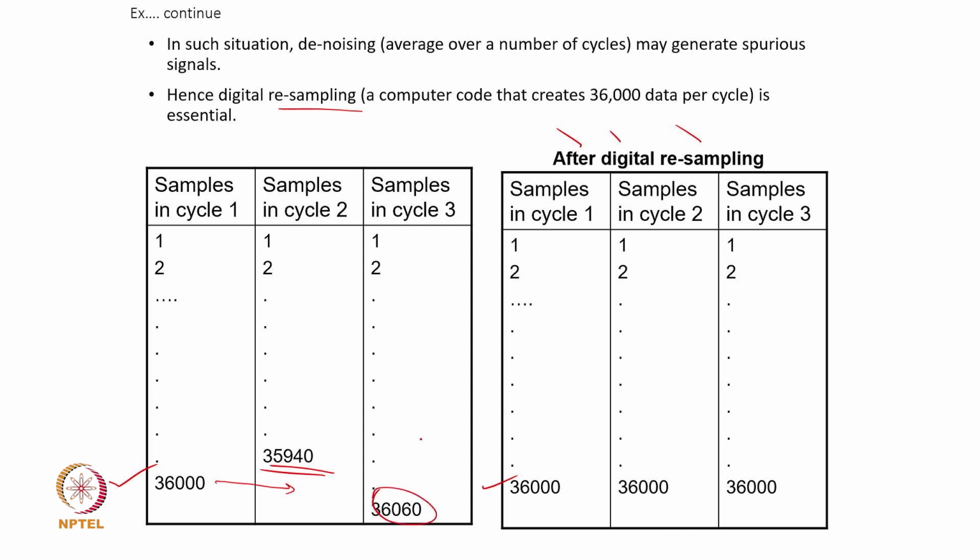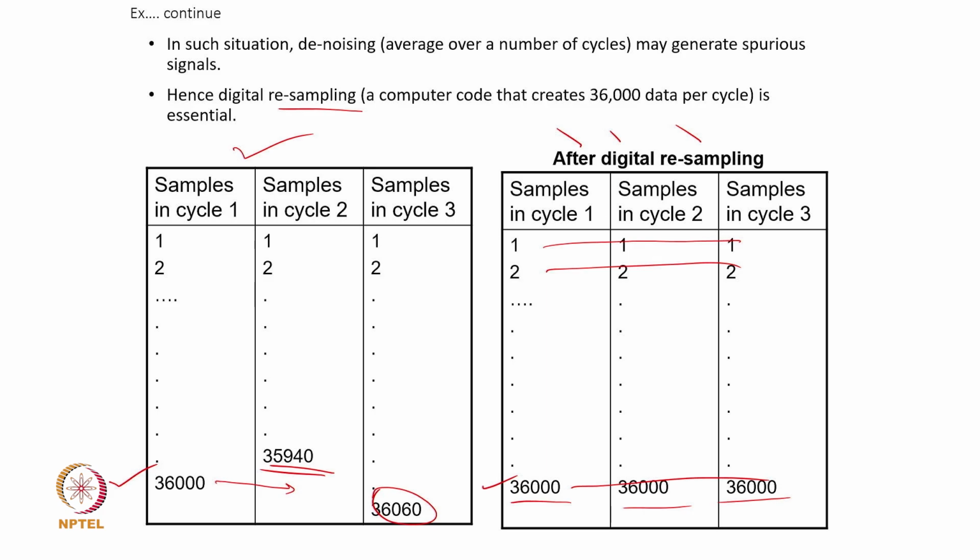In this case, we use interpolation so that we get 36,000. So in each case, this is digital resampling of the analog sampling which we are getting. Now every cycle will have the same number of data. Here averaging 1, averaging 2, averaging 36,000 will not be a problem, it will reduce the noise. That's what we call time synchronous averaging.